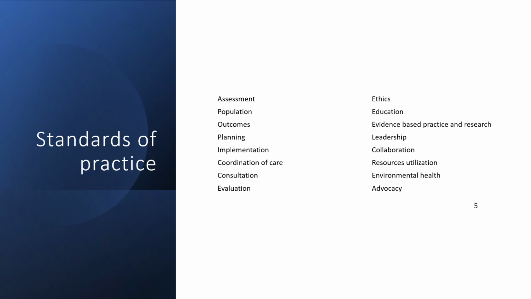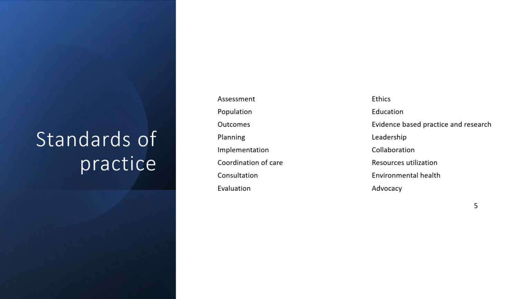One nationally accepted set of standards for public health nursing is the American Nurses Association publication, Public Health Nursing: Scope and Standards of Practice. The standards of practice for public health nursing include assessment, which means the public health nurse collects comprehensive data pertinent to the health status of populations. Population diagnosis and priorities. The public health nurse analyzes the assessment data to determine the diagnosis or issues.